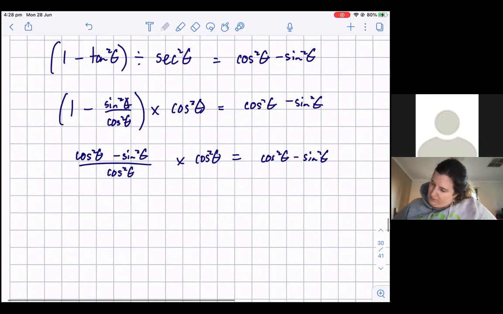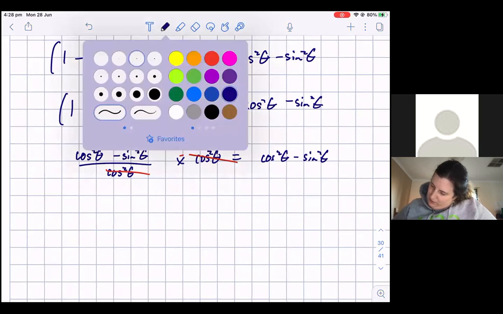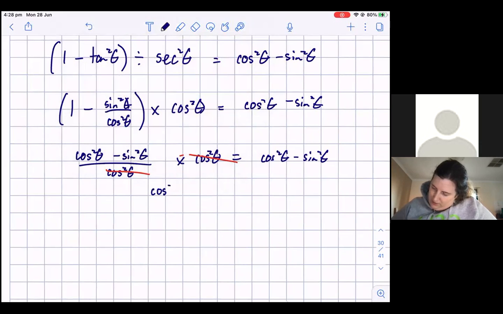And cancelling out, we are left with cos squared theta minus sine squared theta equals cos squared theta minus sine squared theta. Left-hand side is right-hand side.